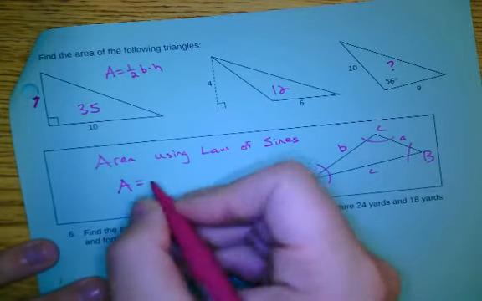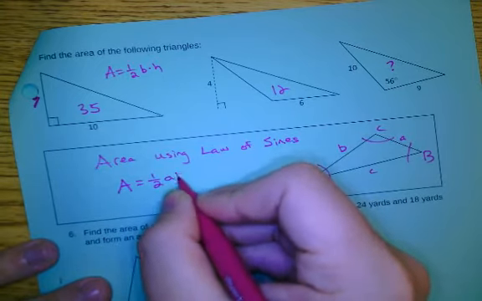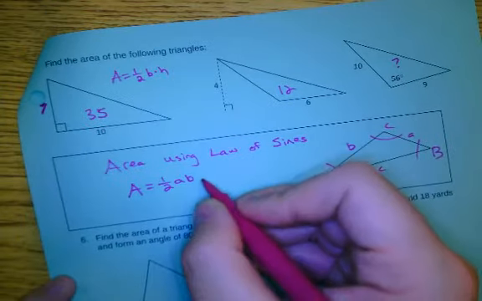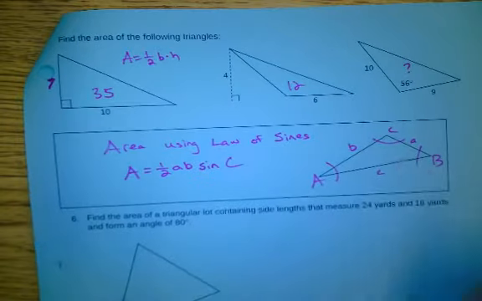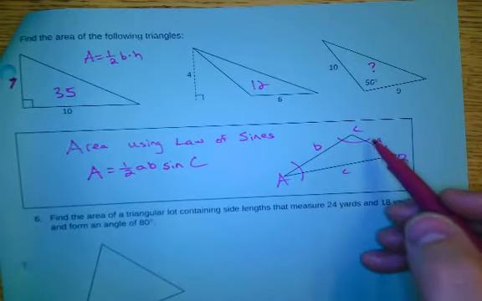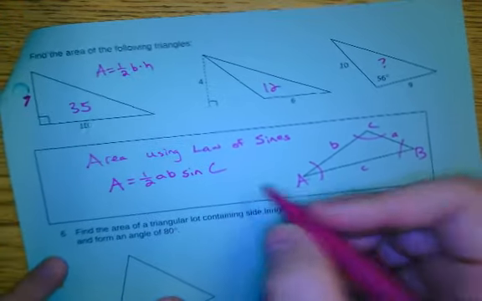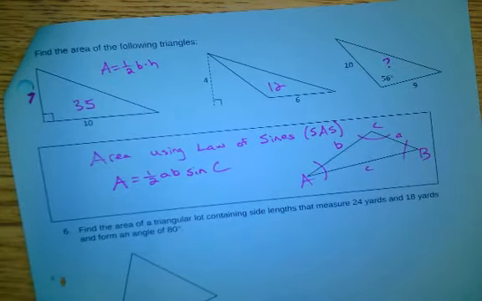It's 1/2 base times height, like it usually is, right? So I'm just going to do AB because those were the sides, AB, and then times sine of whatever the middle angle is. In this case, it's going to be C. So you're going to take the two sides that you know, and the sine of whatever that middle angle is. So this is always going to be side angle side. It's got SAS.